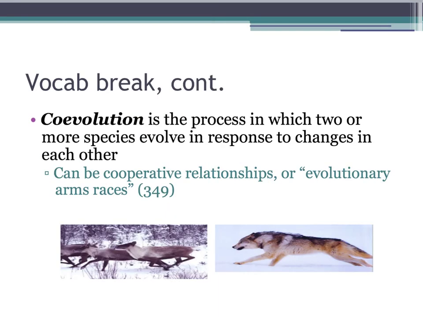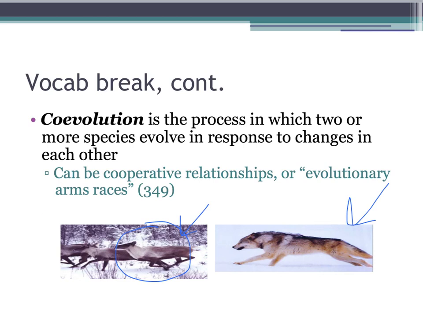Now here's an interesting one, it's called coevolution. This is when two species are going to change in response to each other. So for example, we have this wolf. His dinner is this deer. So if he is chasing these deer, what's going to happen? The slow ones are going to keep dying. They're not going to be able to have slow deer babies.